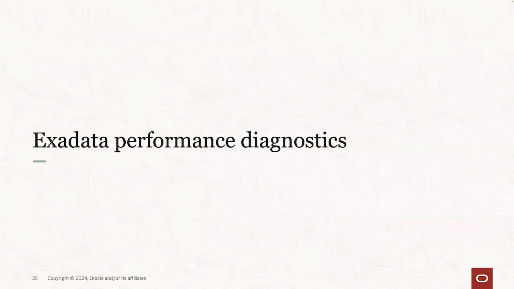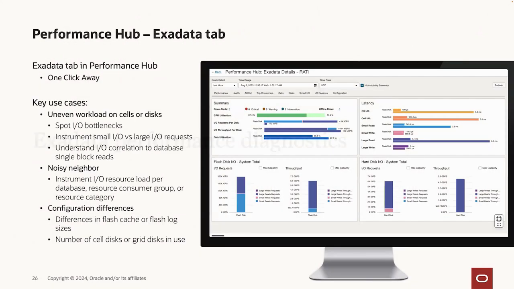And then looking at some of the performance diagnostics for Exadata. We saw the storage infrastructure based on the system views, but here we also expose additional details for that in-depth Exadata analysis within the Exadata tab of Performance Hub. So if you have a container database running on your Exadata dedicated environments or on premise, you can go into Exadata and you should see an additional tab there that shows these Exadata stats.